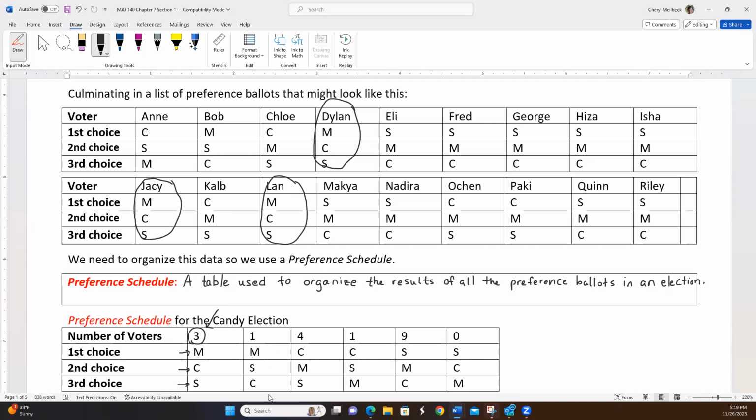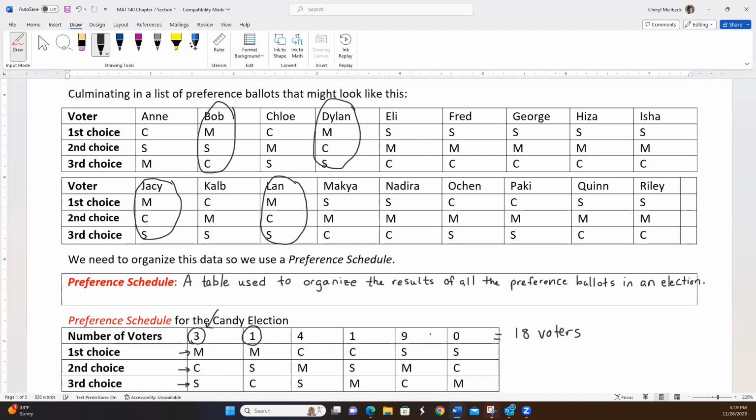And then MSC here was Bob. But if I look, there are no other MSCs if you look through the table, so there was only one of those. So if we added all these numbers across the top of the table, it would tell us how many voters voted in the election. So 3 plus 1 is 4, plus 4 is 8, 9, and 9 is 18. Looks like we had 18 voters in the election.